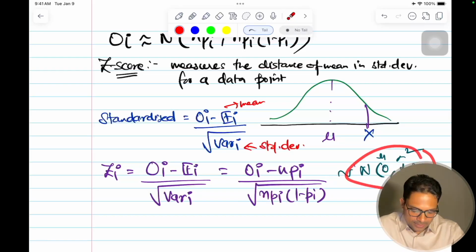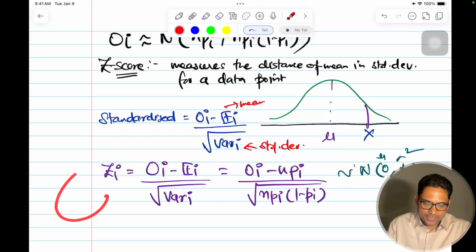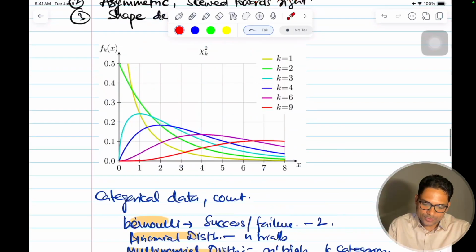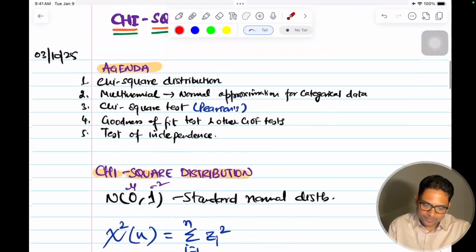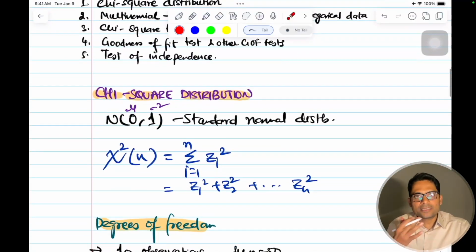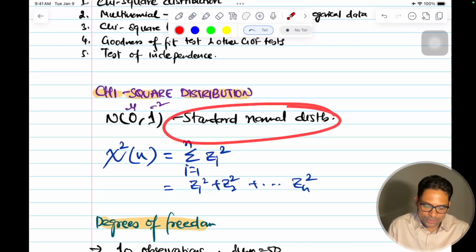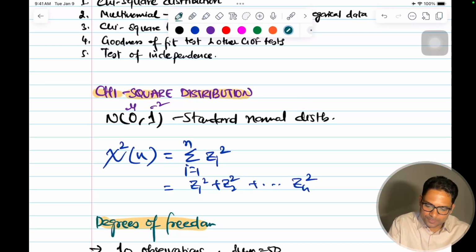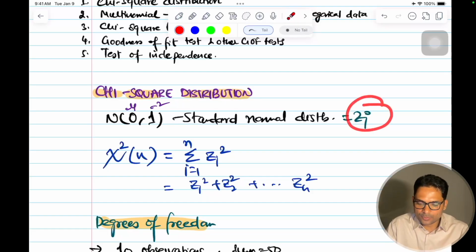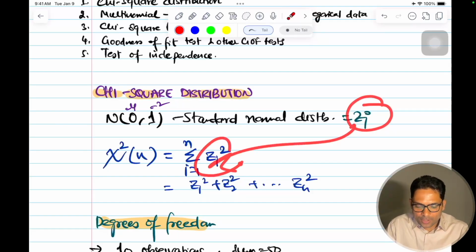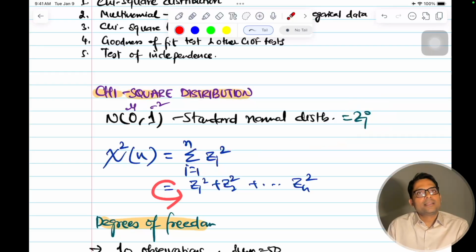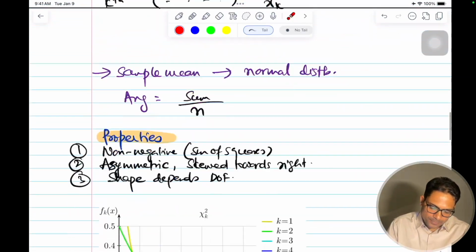So we came back to Zi. Where are we going with this? Your chi-square test statistic should finally be measured in terms of the standard normal distribution. That's what we did with Zi, and the square of those is your test statistic.